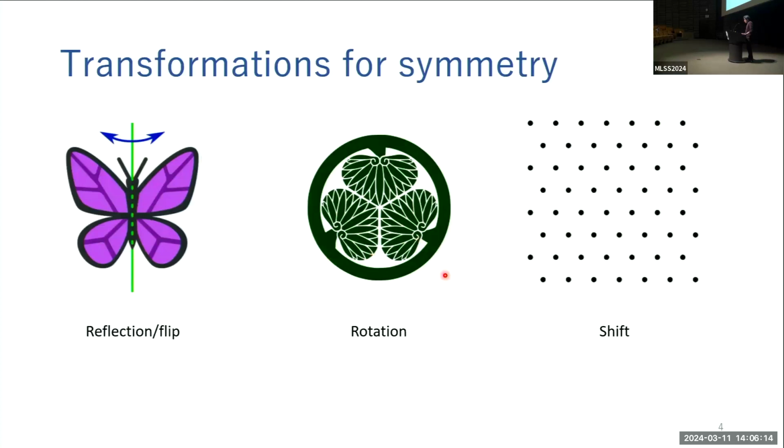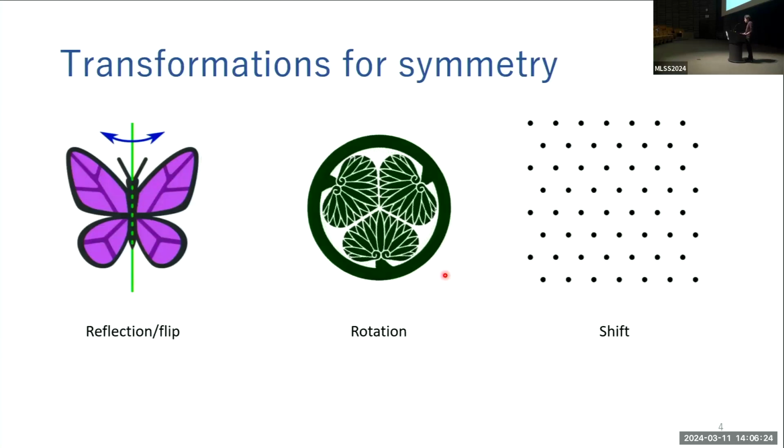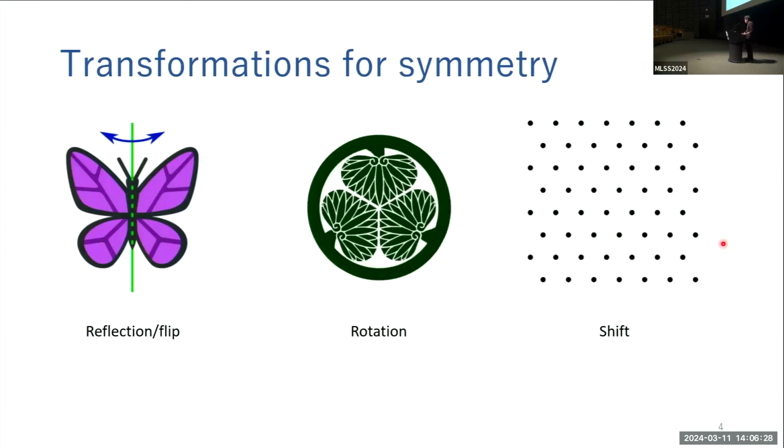And also, if you are given this symbol, you may rotate it in this way. So this is a kind of rotational symmetry. And in the third example, you may apply some shift to recognize the symmetry. In this way, symmetry and transformations are mutually very connected in concept, and symmetry is often recognized by such transformations acting on some objects.